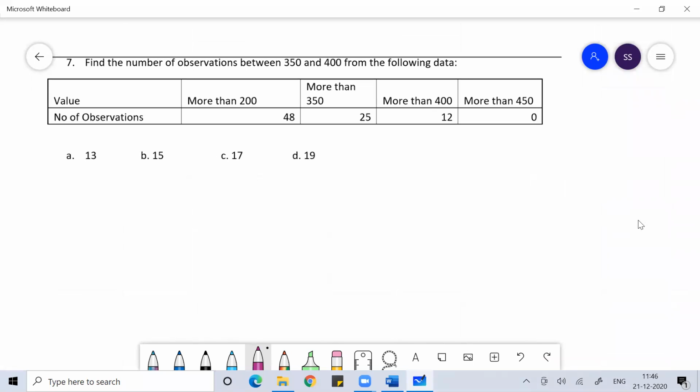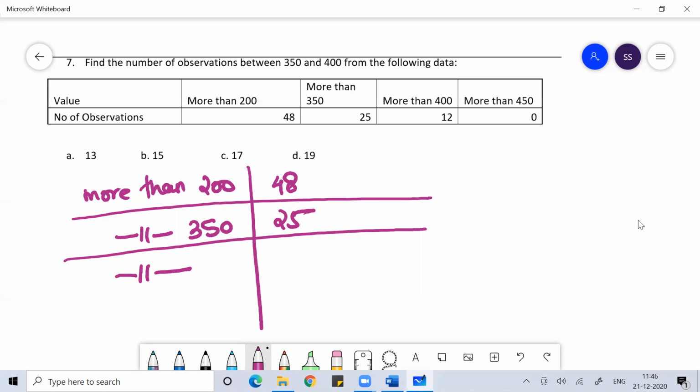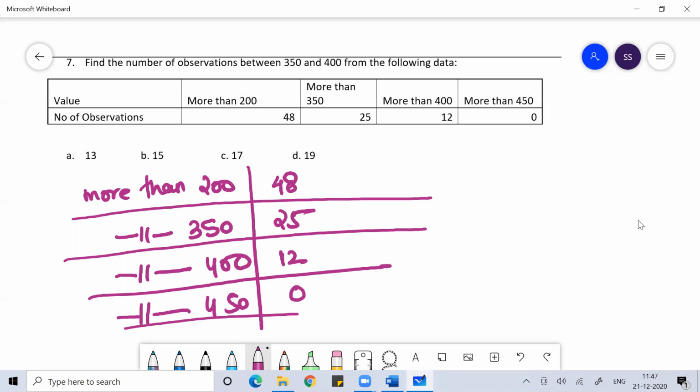These values are given. This data is more than 200, then 48, then more than 350, then it is 25, then more than 400, then it is 12, and then more than 450, it is 0. This is your data, more than class interval with more than cumulative frequency.